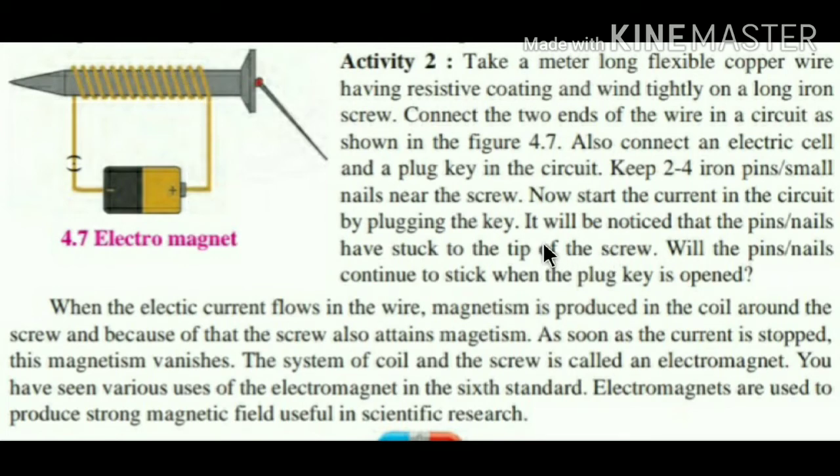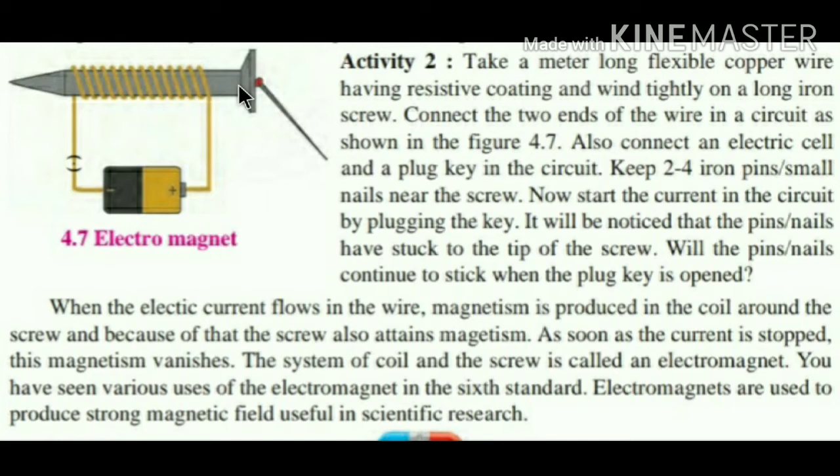What we notice here is that the pins or nails stick to, are attracted to, the tip of the screw. Here is a pin or small nail attracted toward this screw.